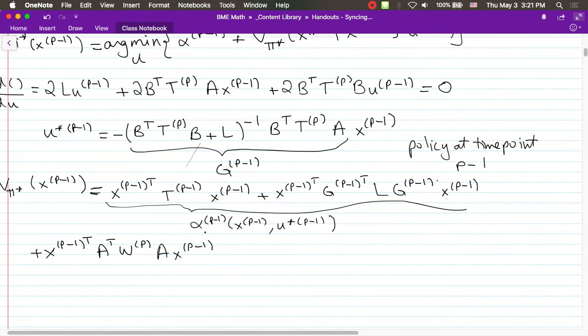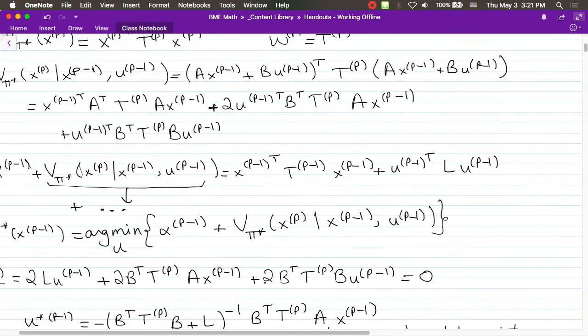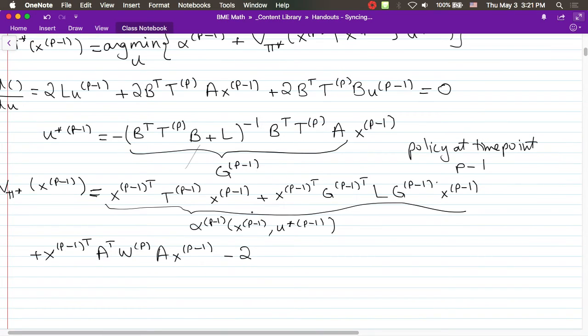The second term is going to be the one that has one U in it, 2 times U transpose times this. I'm going to replace U with G times X. So you get minus 2 X of P minus 1 transpose A transpose W P B times G of P minus 1 X of P minus 1.